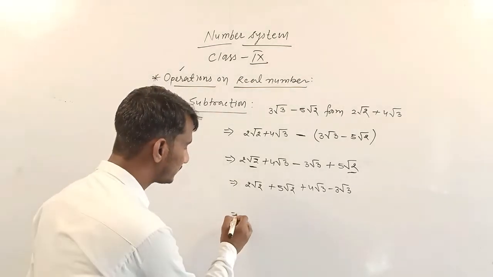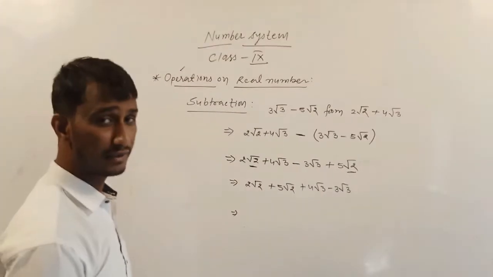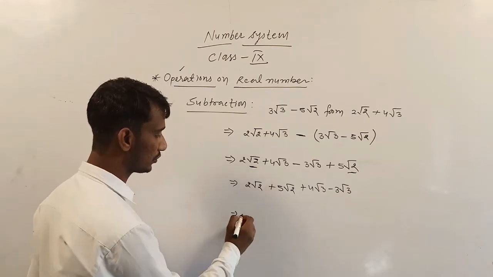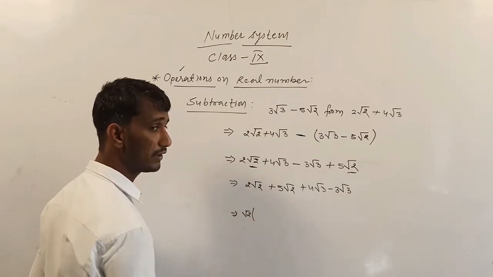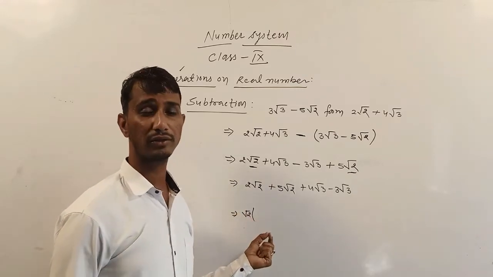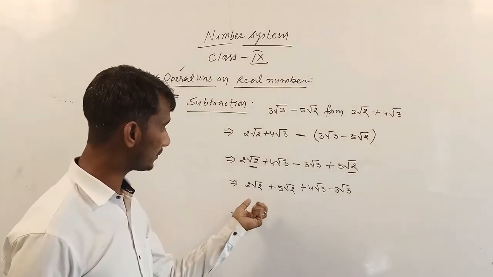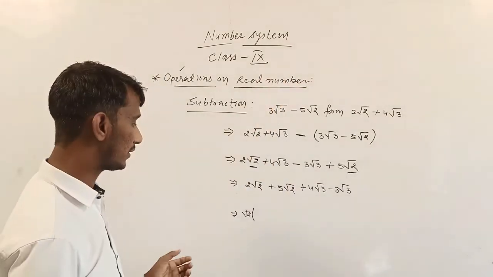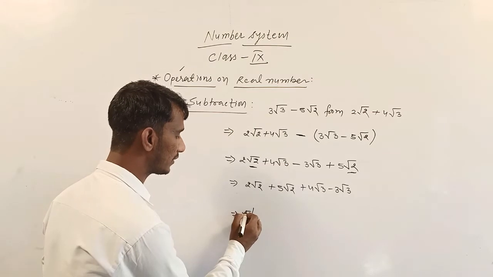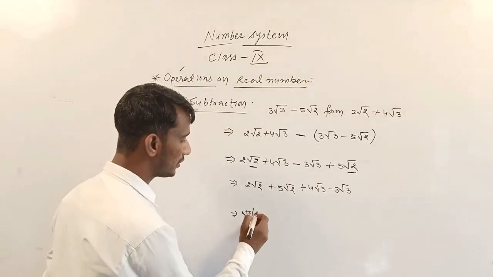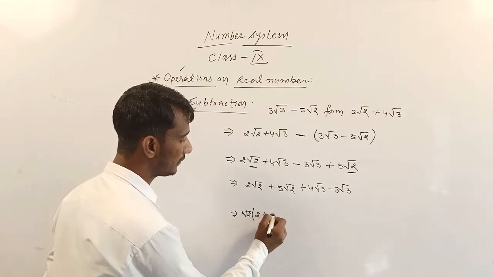Now, same as in addition, take the common part here. The common part is root 2. Dear student, one more thing: if a rational number is the common part, you can take it easily too. So which term is remaining? 2 plus 5.